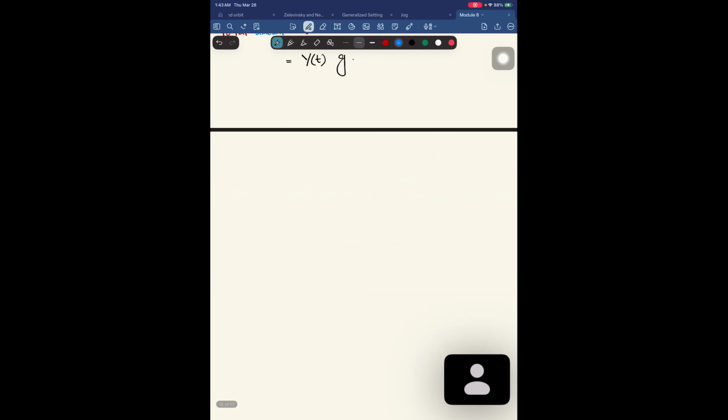So 5-liter mixture has y(t) gram salt, right? Then the outgoing mixture, which is 2-liter, how much salt does it have? y/5 times 2 gram of salt.